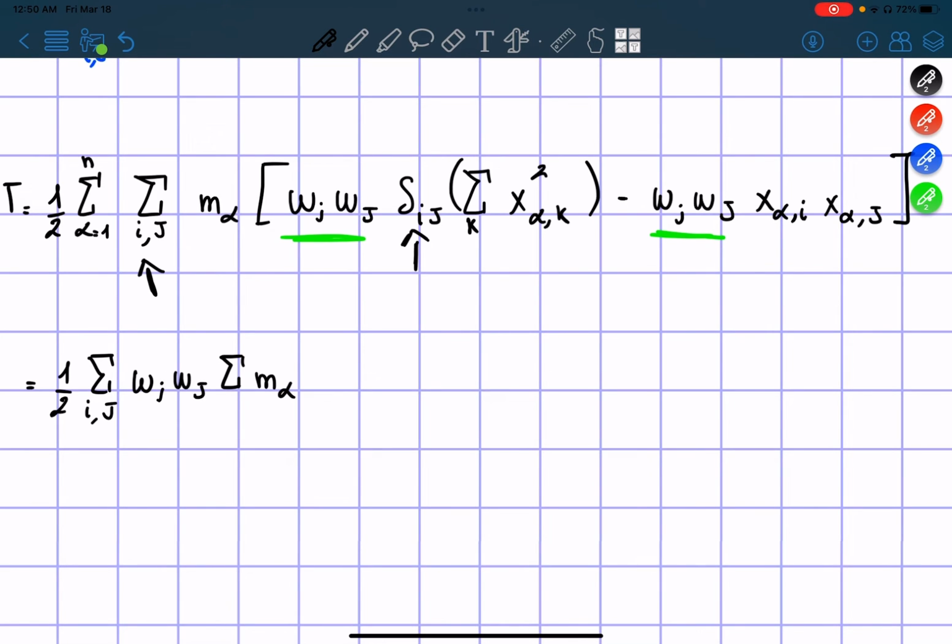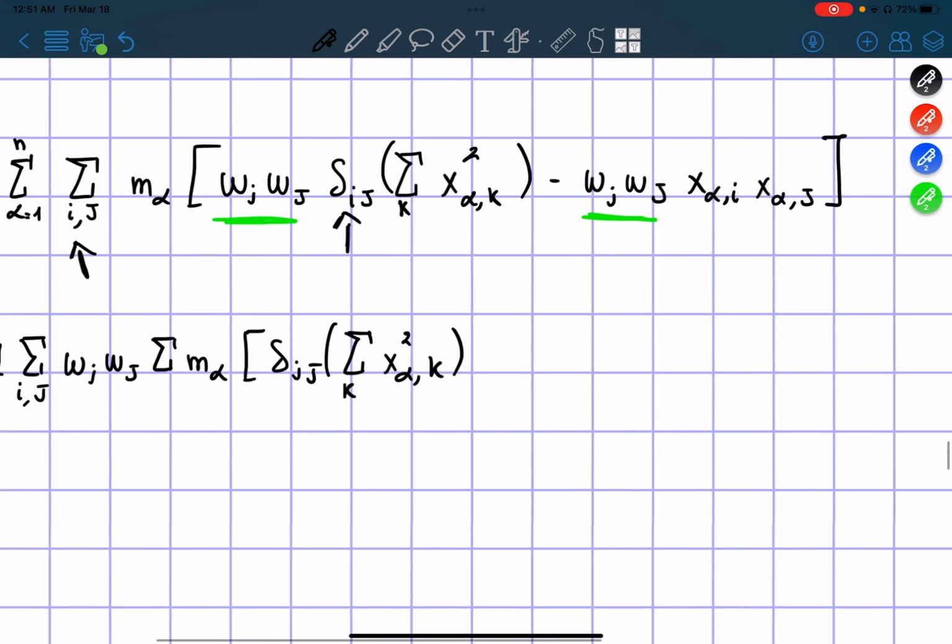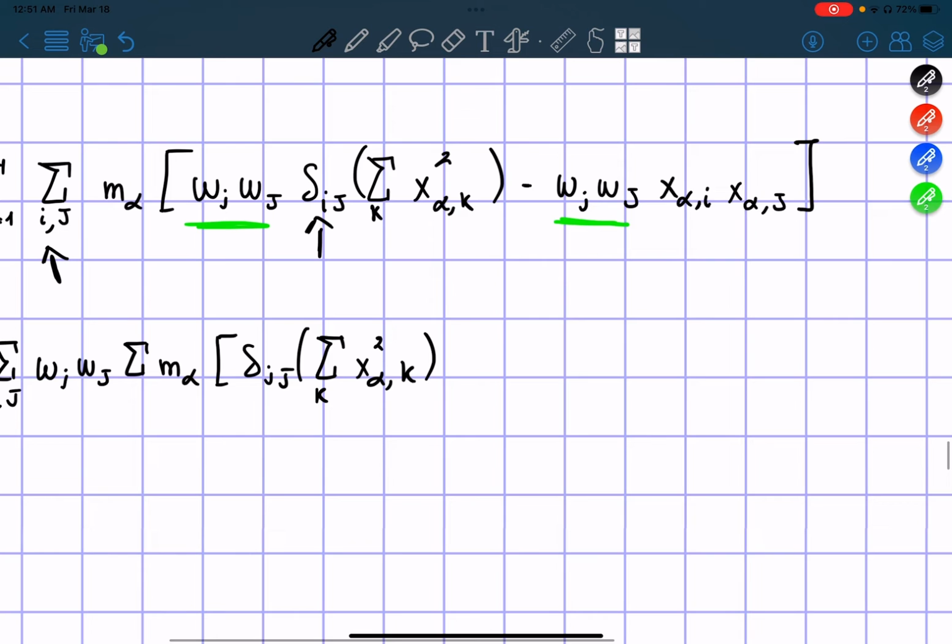We're just factoring out the omega I, omega J, and then our Kronecker delta, I always forget to say, ij, and then summation again, of course, of k of x alpha k squared, put it always in parentheses so you don't get confused, minus what's left in the second part, so x alpha I, x alpha j.